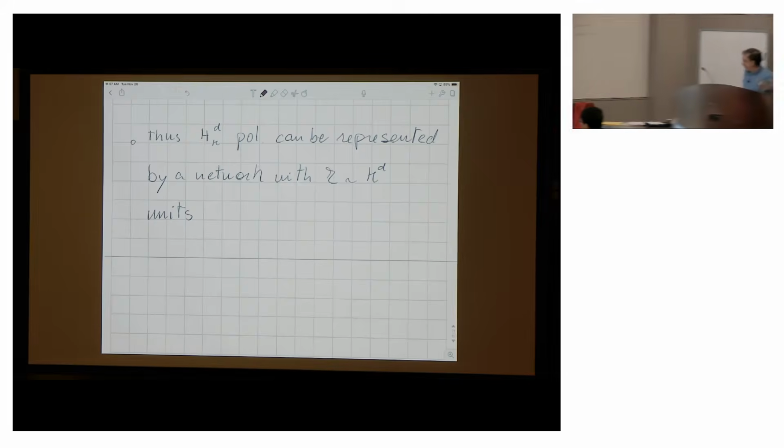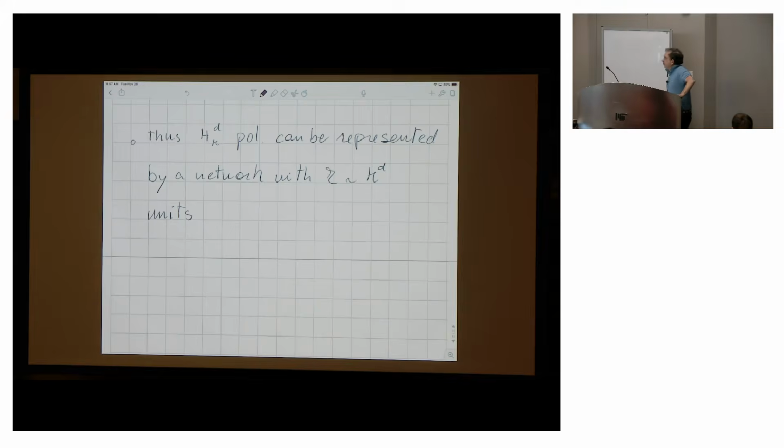So this means that, going back to our networks, a polynomial in d dimensions, degree k, can be represented exactly by a network with that order of units, lots of units.